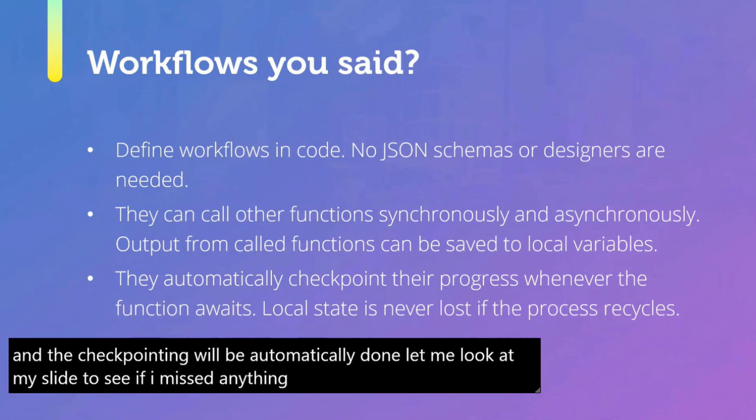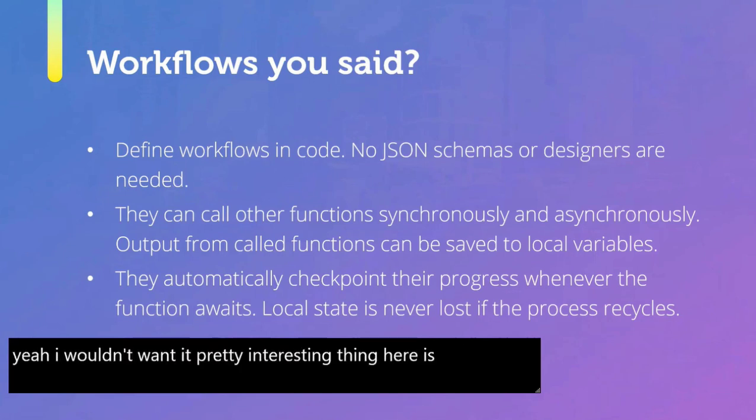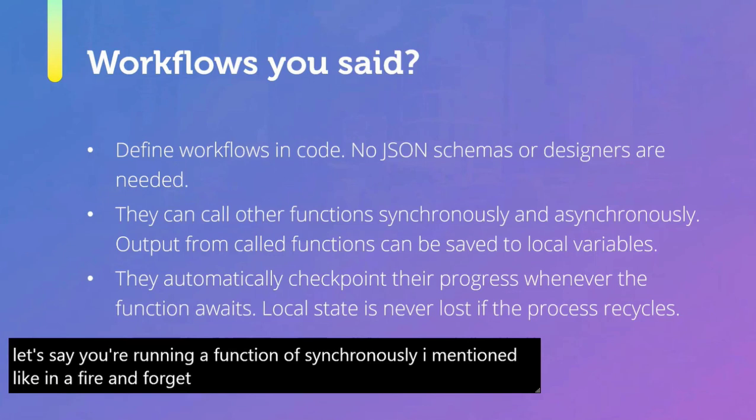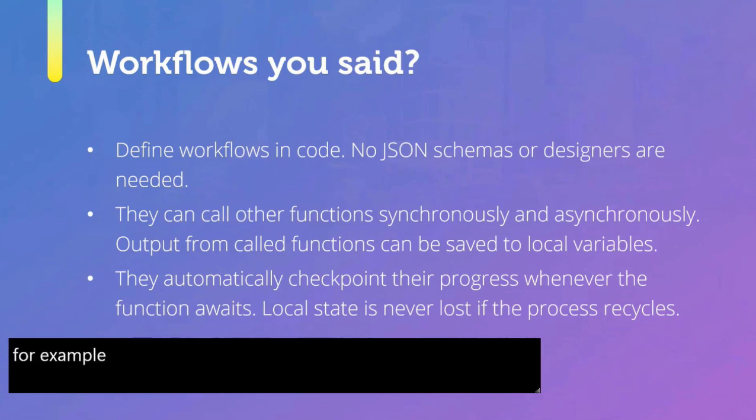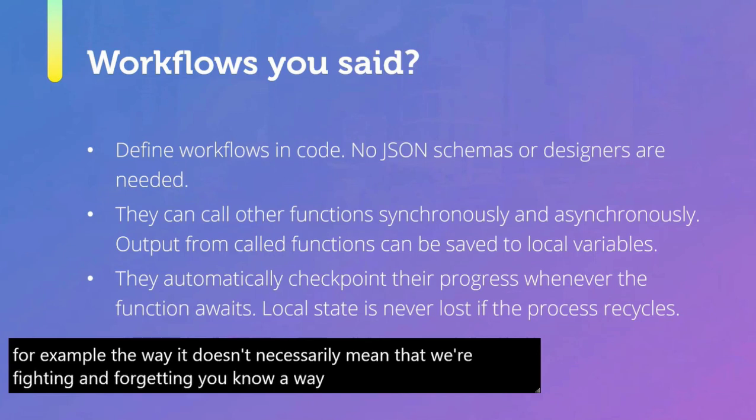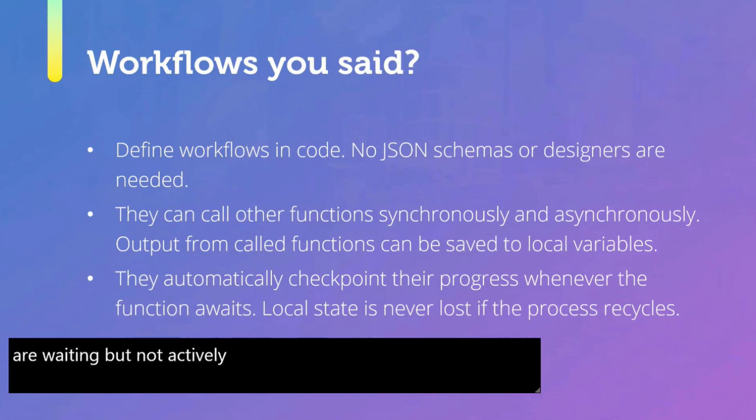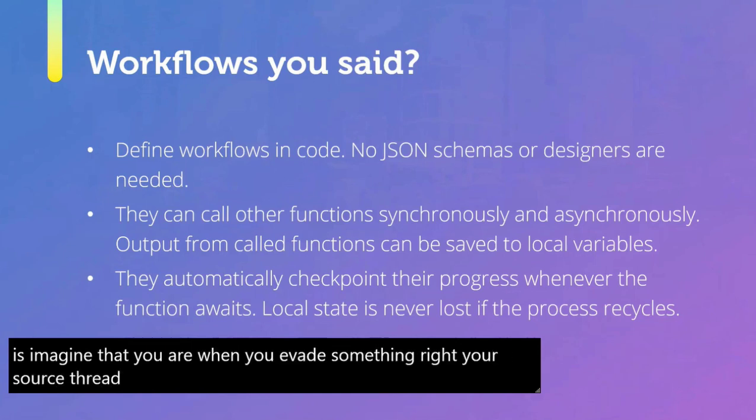One interesting thing here, and we're going to see the code, is this: let's say you're running a function asynchronously. I mentioned a fire and forget approach, but with asynchronous calls, for example, the await doesn't necessarily mean that we're firing and forgetting. Await means we're waiting, but not actively waiting. Anyways, I'm not going to go into it very deeply. But my point is, imagine that we are doing asynchronous programming in C# today.